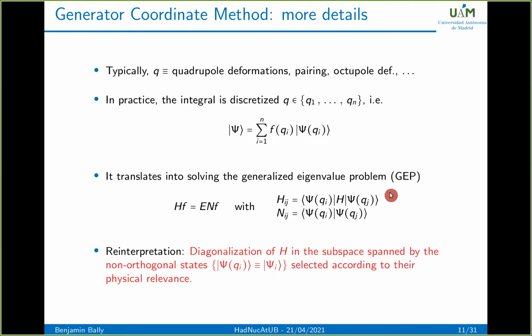And that is a difference compared to, for example, the traditional shell model, where you diagonalize exactly your Hamiltonian in a basis where the states are, for example, Slater determinants.